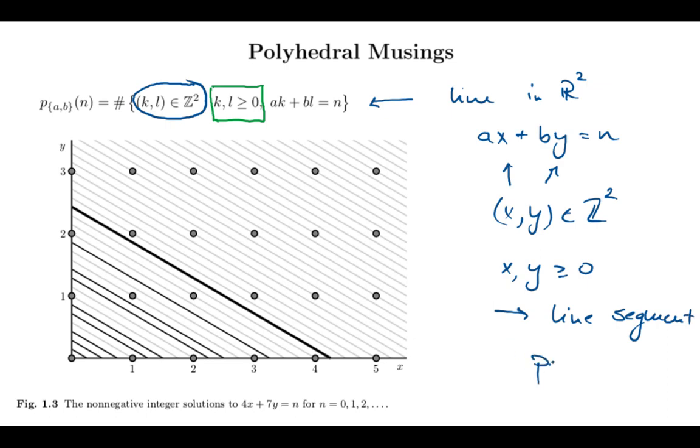And this is a one-dimensional example of a polytope. So really what we're looking at is integer points in a polytope, not on a line. This is what makes the Frobenius problem hard. And this is what makes our life fun. And that's one reason why we study this problem of counting or enumerating integer points in polytopes.